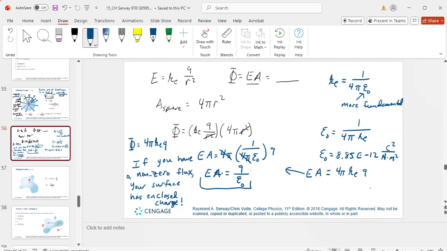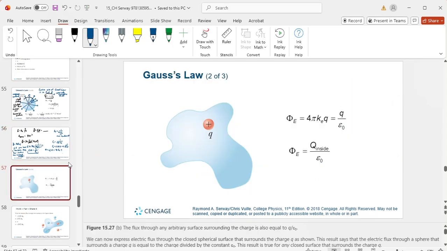But that being said, if I have a charge enclosed by an imaginary surface, the flux through that surface must be equal to 4 pi Ke times the charge, which we just showed reduces to the enclosed charge Q divided by epsilon naught.